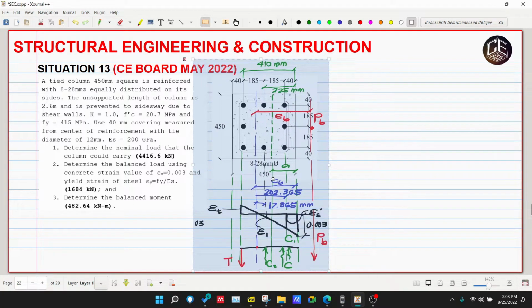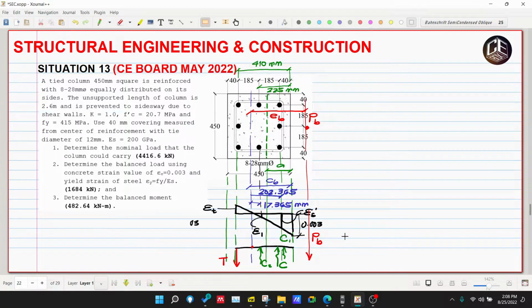Okay, by summation of forces, vertical is equivalent to 0, upward is positive. So yung ating equation dito is C plus C1 plus C2, then equivalent to T plus PB. So kailangan nating isa-isahin na isolve yung mga forces na to.